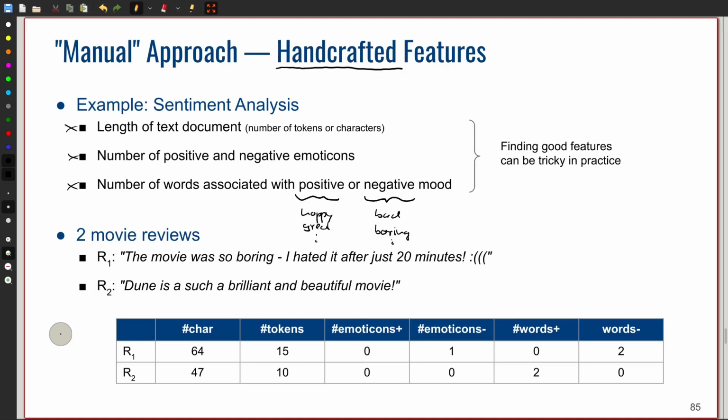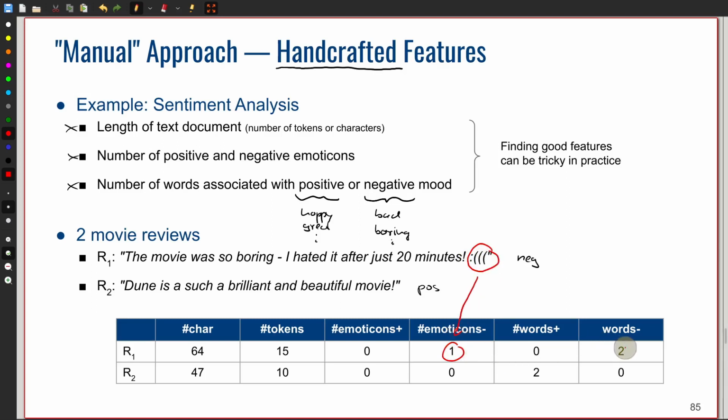In this case, for example, we have two movie reviews, where arguably the first one is negative and the second one is positive. And here you can, for example, see that when we look at the number of negative emoticons, this one stems from this negative emoticon.